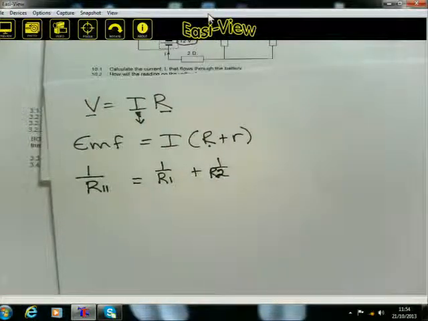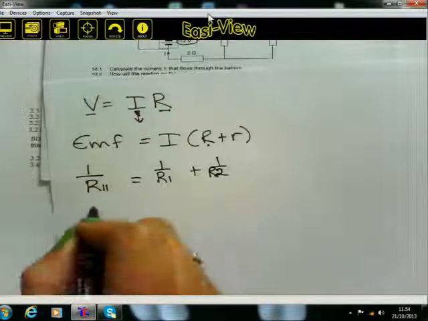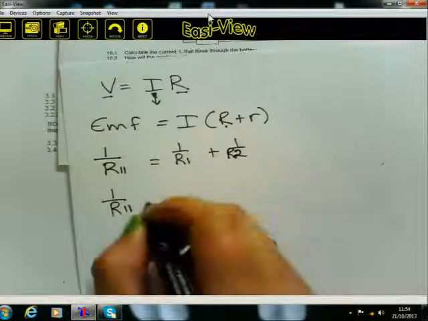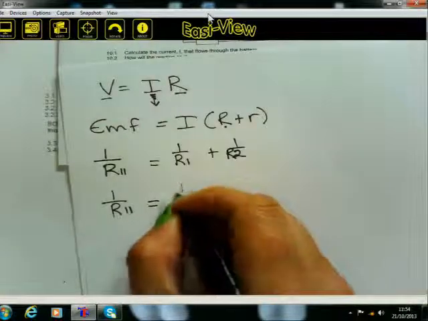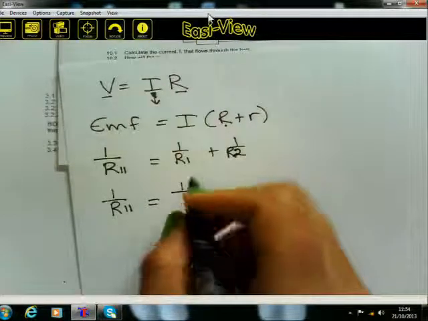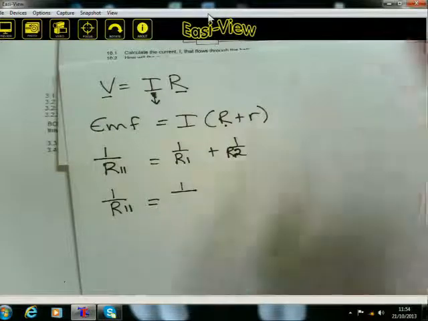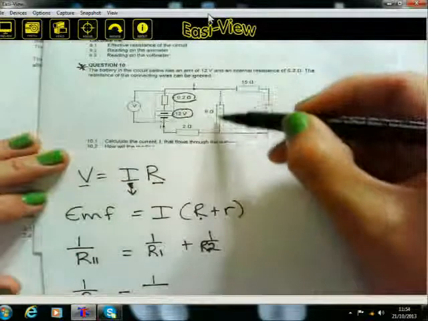And then I have to go back to number 10.2. Let me just find it real quick. Alright, question 10.2. And you can expect this one in your matric exam.